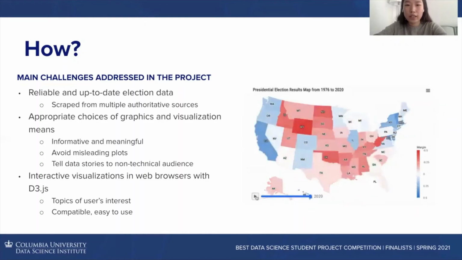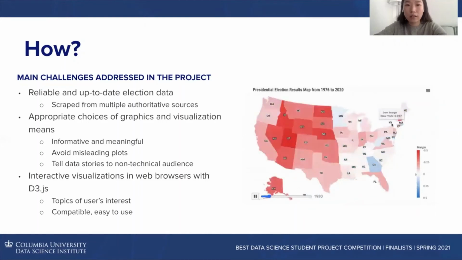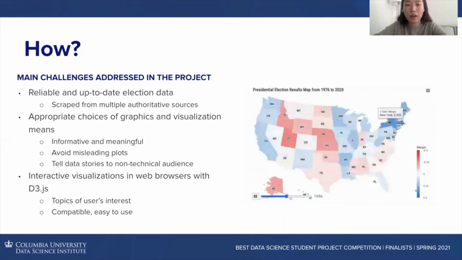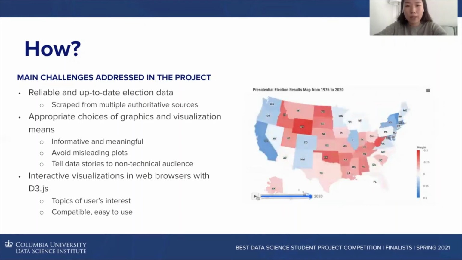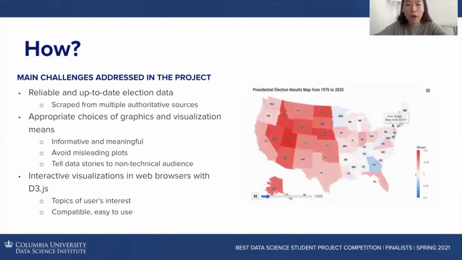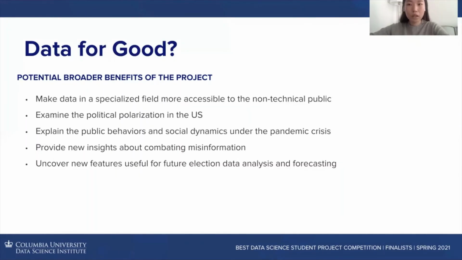The entire project is presented in bookdown on GitHub Pages, and the D3 visualization part is hosted on a web server. That ensures the project is compatible with most web browsers and maximizes the user's experience while reading our report.